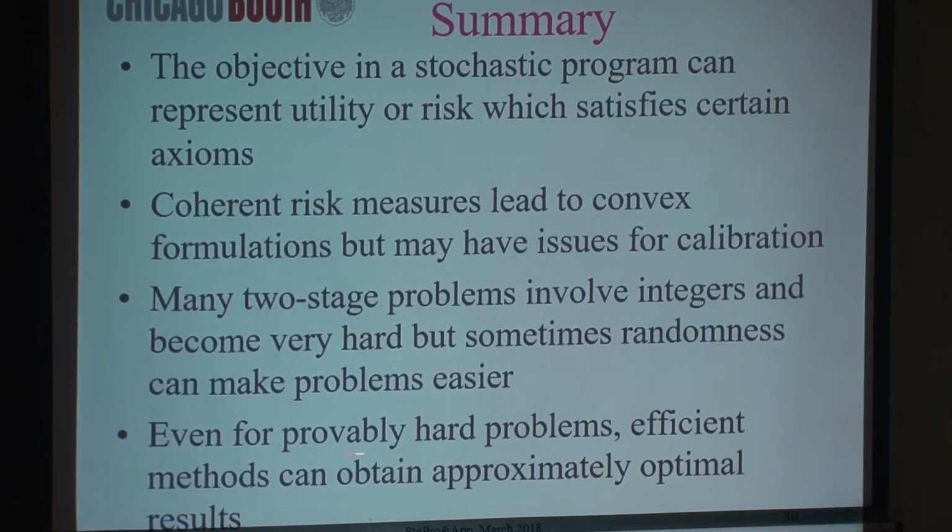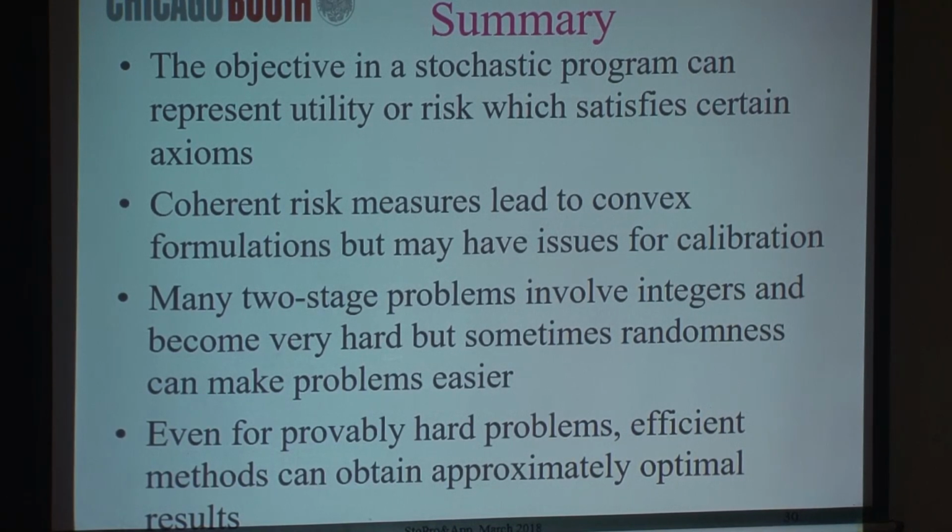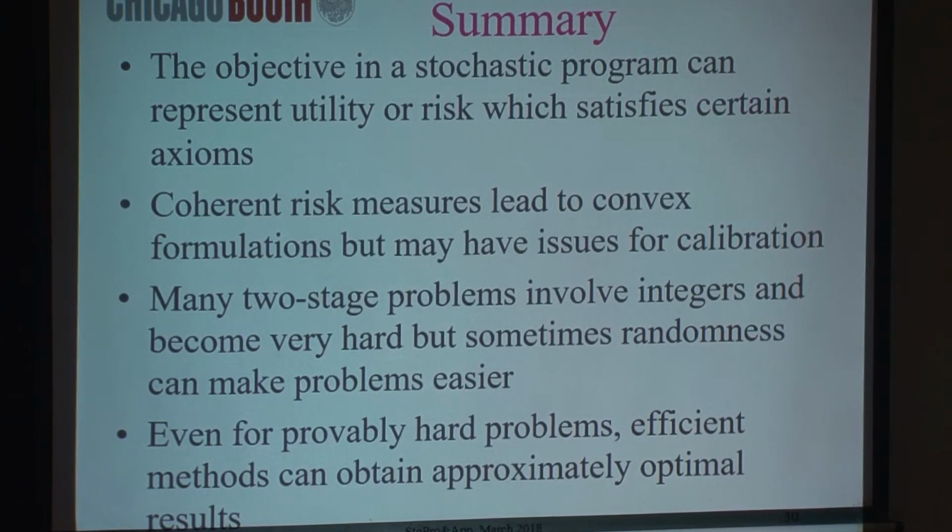Now, in the case when there are provably hard problems, there are situations where you can come up with approximations. You can come up with approximations for stochastic integer programs in cases where you can do some kind of adjustment, some kind of rounding scheme for the linear programming solution that produces, in the deterministic case, an integer program solution.